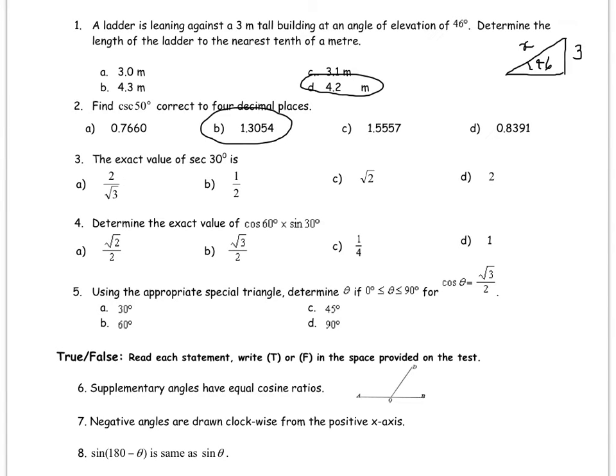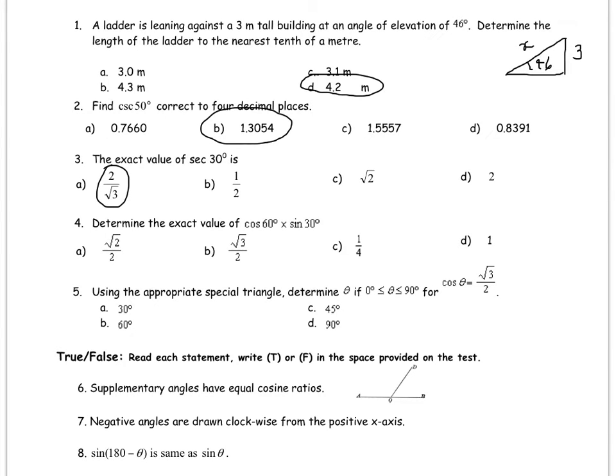Now secant is 1 over cos, so we are dealing with 1 over cos 30, but cos 30 is square root of 3 over 2. This is division by square root of 3 over 2, which is 1 times 2 over square root of 3. So the answer is 2 over square root of 3, which is part A.